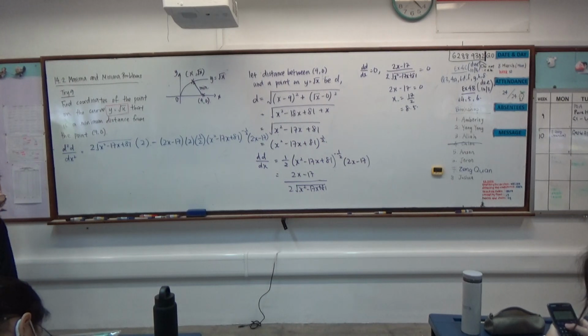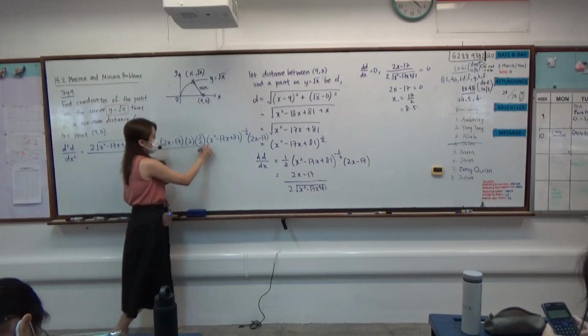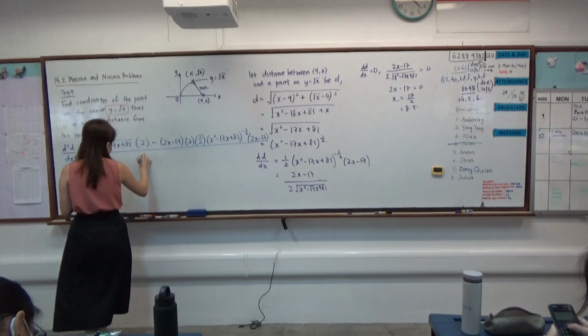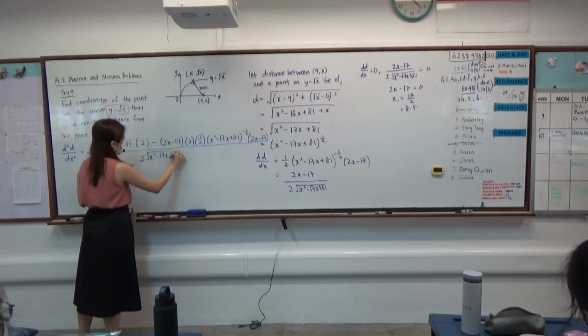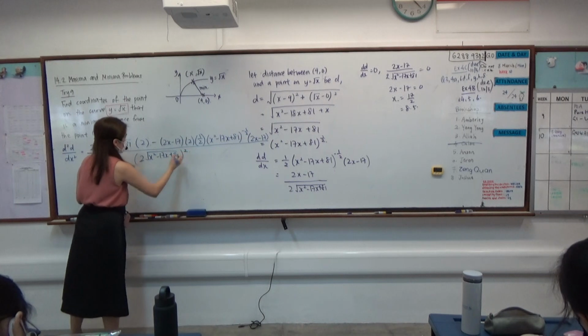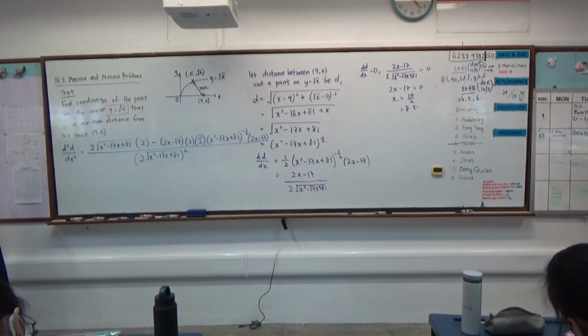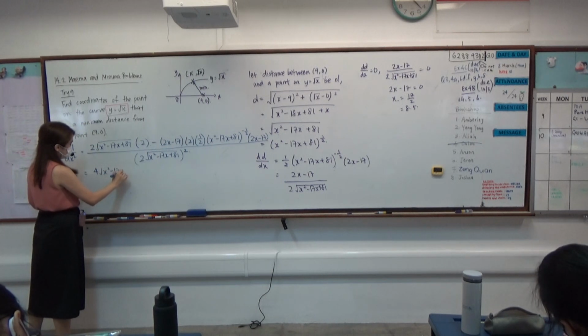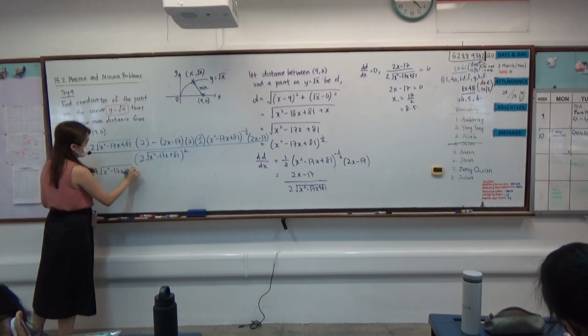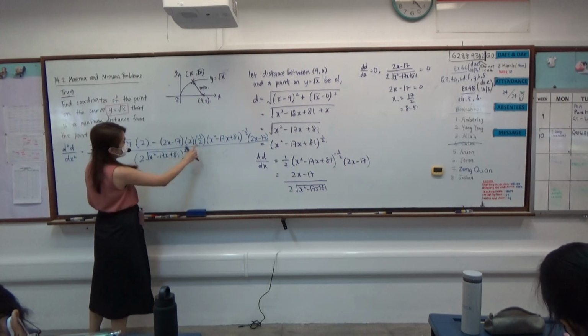That's all in the numerator. The denominator, we'll have to square it. Simplifying it, this cancels out.